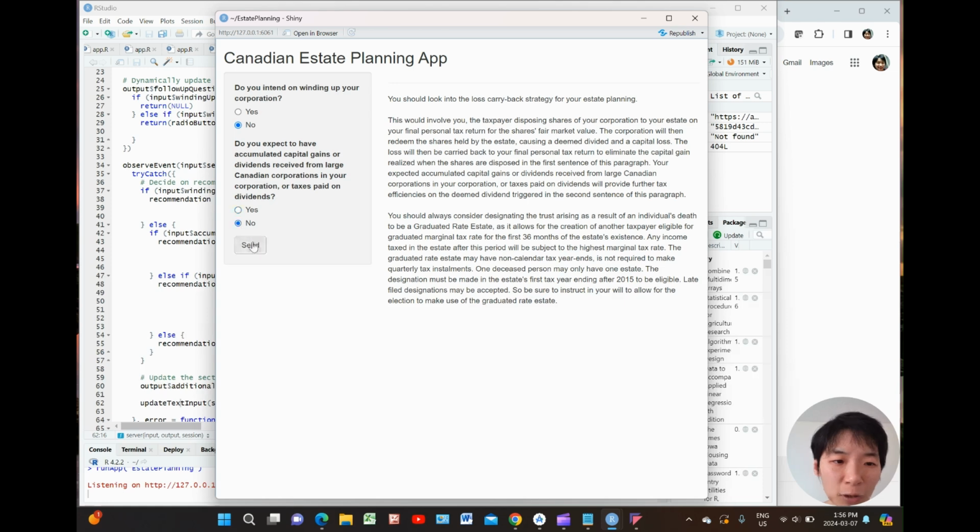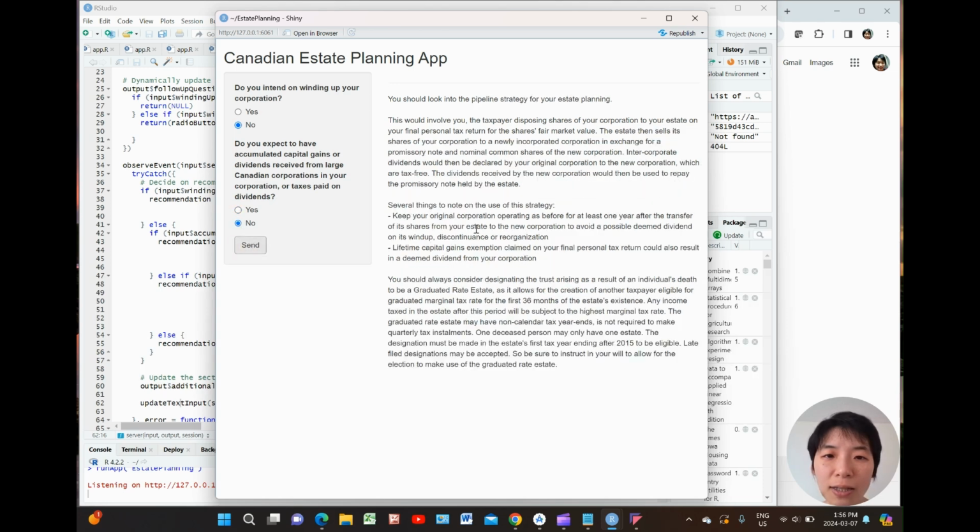And if they answer no, then the app would recommend to use the pipeline strategy for the individual's estate tax planning. So let's just have a quick look at the code that supports this decision making app.